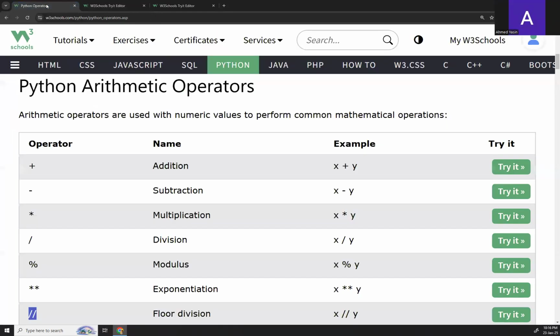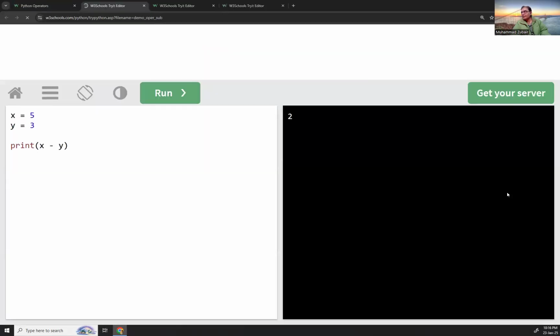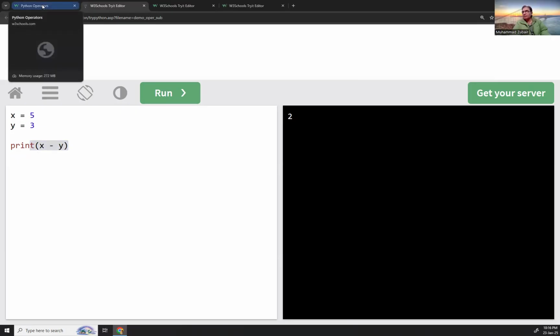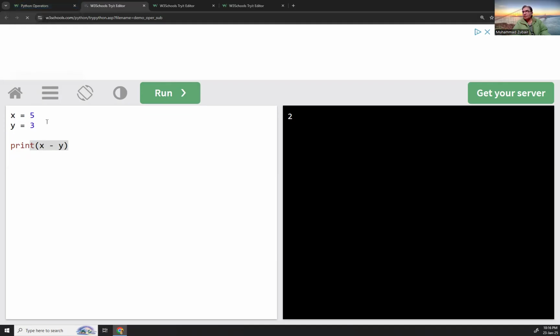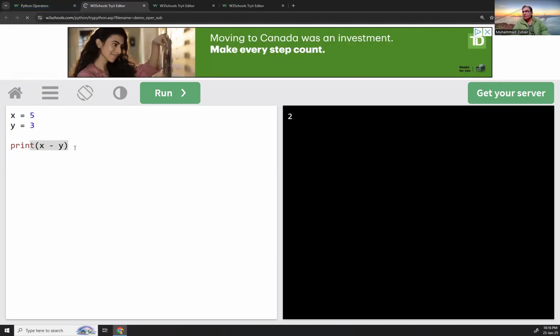Yes, I didn't even know that number existed. Okay, don't worry. Here is the subtraction example. We have already done this. It was possible to make a negative. If we subtract 3 minus 5, then it will be minus 2.